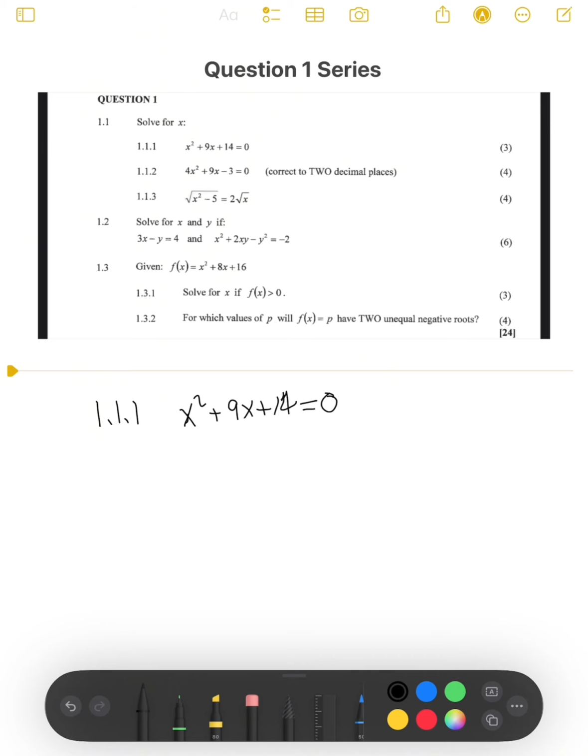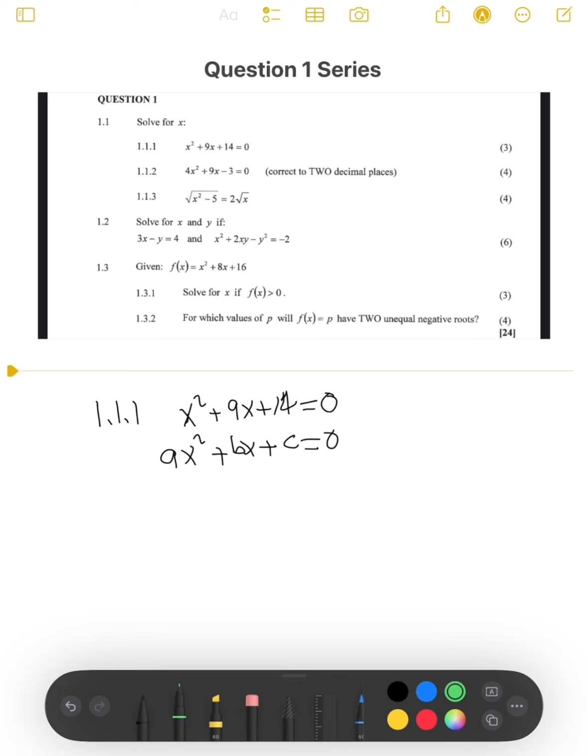Let's get started. 1.1.1: x squared plus 9x plus 14 equals 0. We know that from this one we actually have to factorize this equation, of which this is basically ax squared plus bx plus c equals 0.